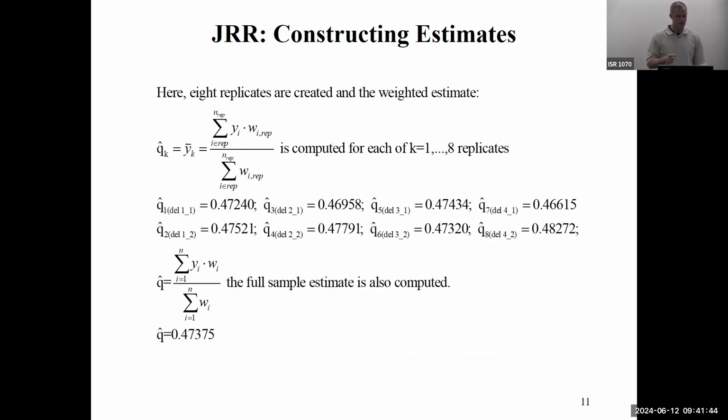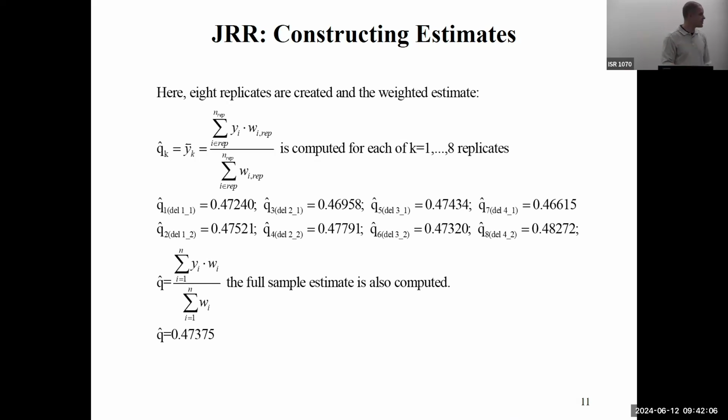In this particular case, our focus is on estimating the mean of that variable that looks like a proportion, that y variable. So for each of our different replicates, we compute the weighted estimate of that mean. No different from the way you do your normal analysis for the full sample. We just reapply that analysis with the new replicate weight.